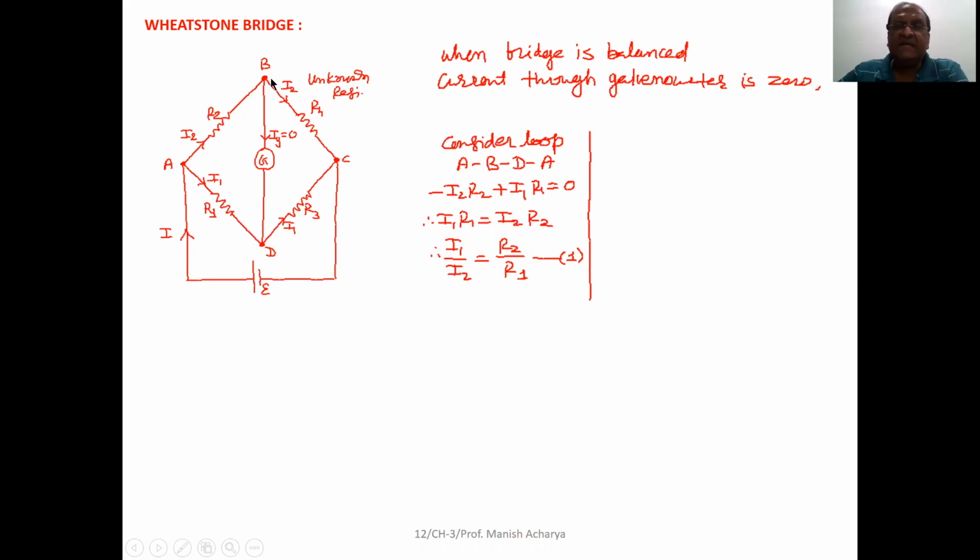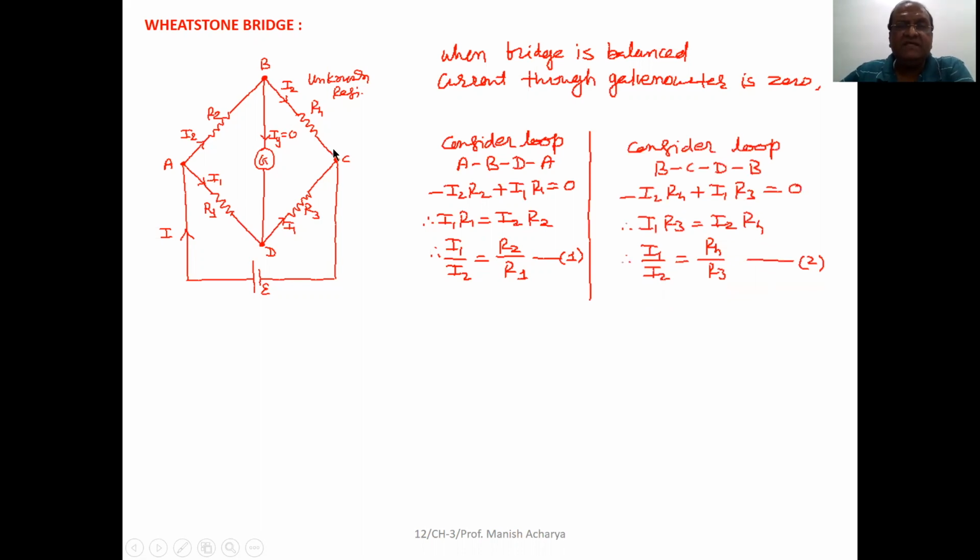Now consider second loop, that is B, C, D, B. So when you are moving B to C, you are moving in the direction of the current I2 through resistor R4, which is the unknown one. So the potential difference, that is minus I2 R4. Then C to D, you are moving in the opposite direction of the current I1 through resistor R3.